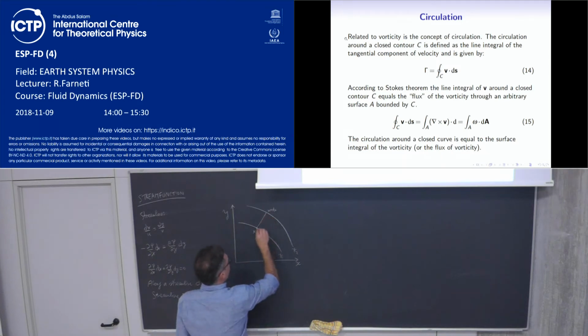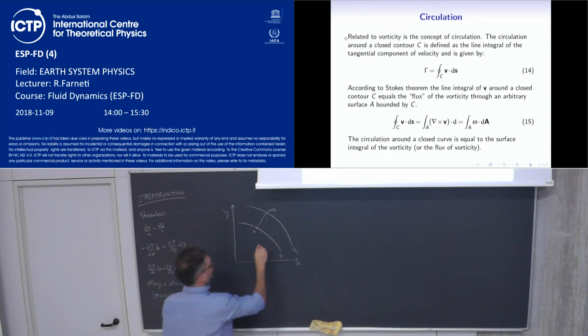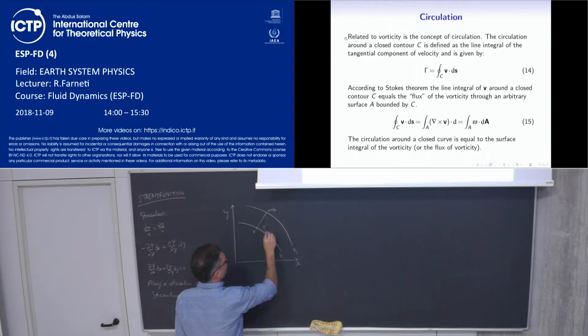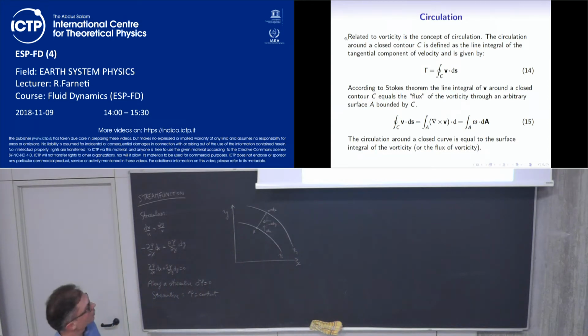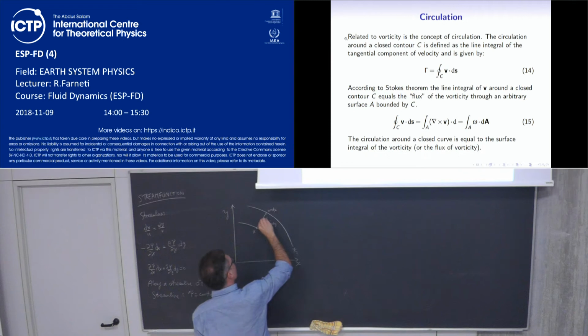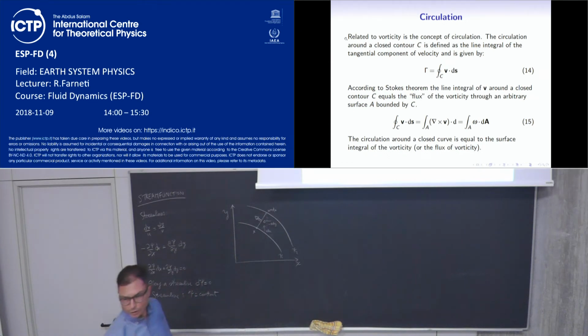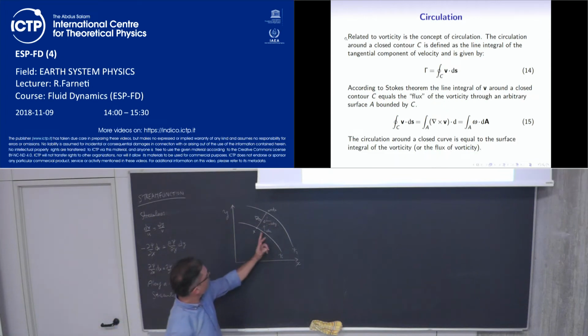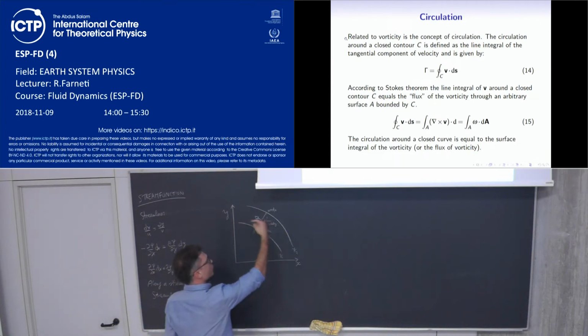Now I have two components of the flow here. I have my v dx and I have my minus u dy. So the total flux through this boundary has two components, u and v, which is v dx and minus u dy.